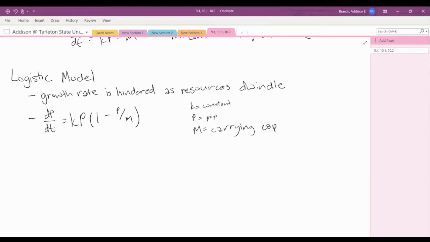Now, once again, this one can also be treated as a separable differential equation. It's kind of a long proof, so I'm actually going to go ahead and skip it. So just know that this is a separable equation.